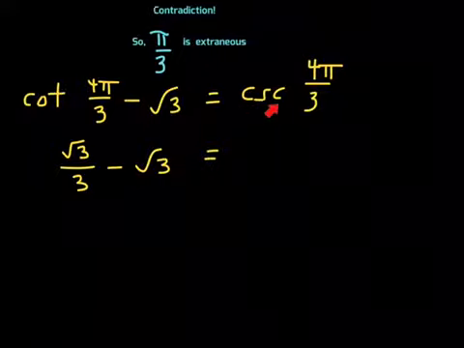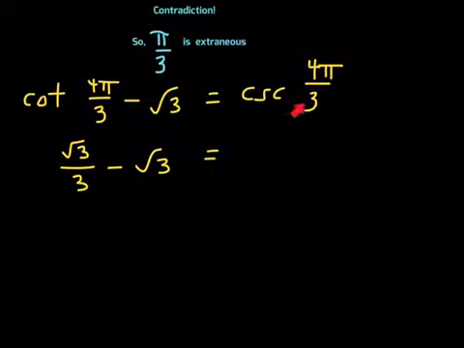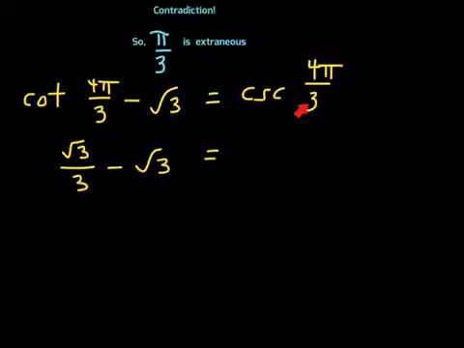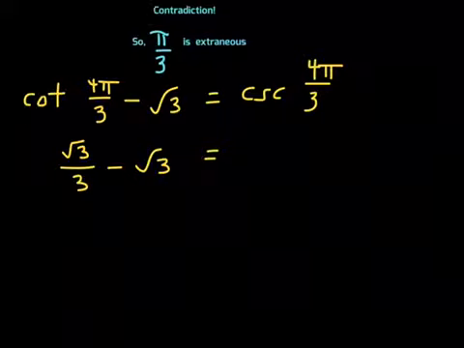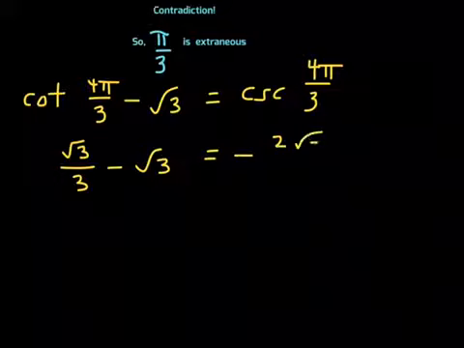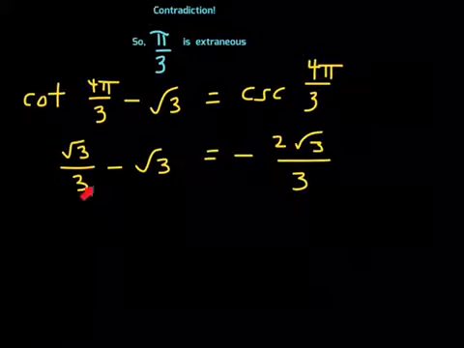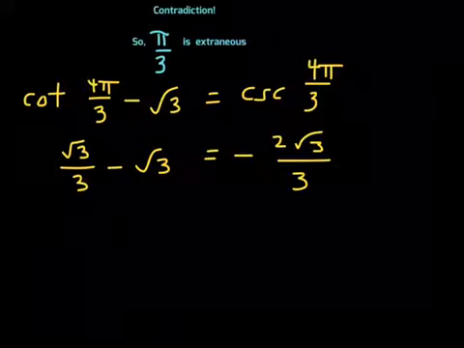And your reference angle is pi over 3. Sine of pi over 3 is root 3 over 2. So cosecant would be 2 root 3 over 3, but negative because you're in quadrant 3. We did this arithmetic just a second ago, so I don't feel the need to do it again. We already figured out that it's negative 2 root 3 over 3.